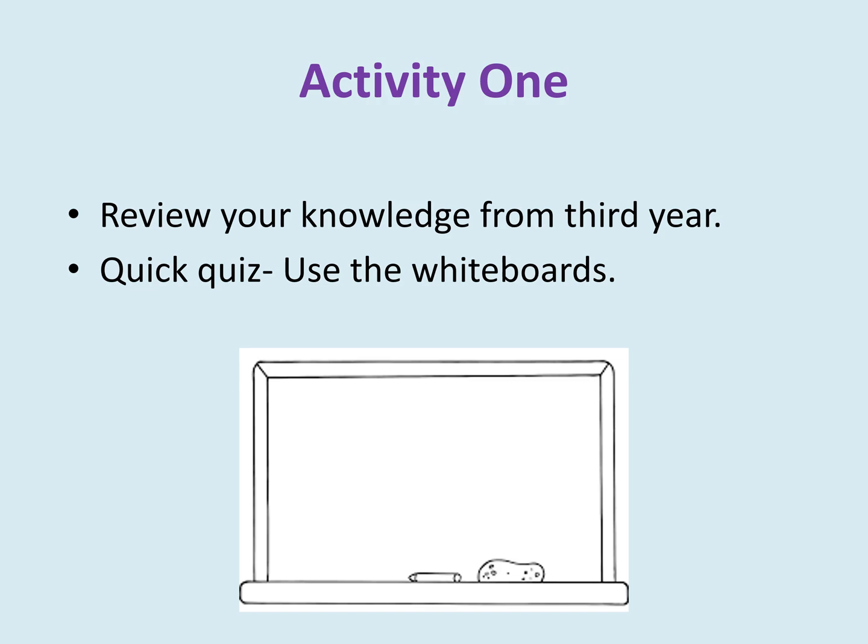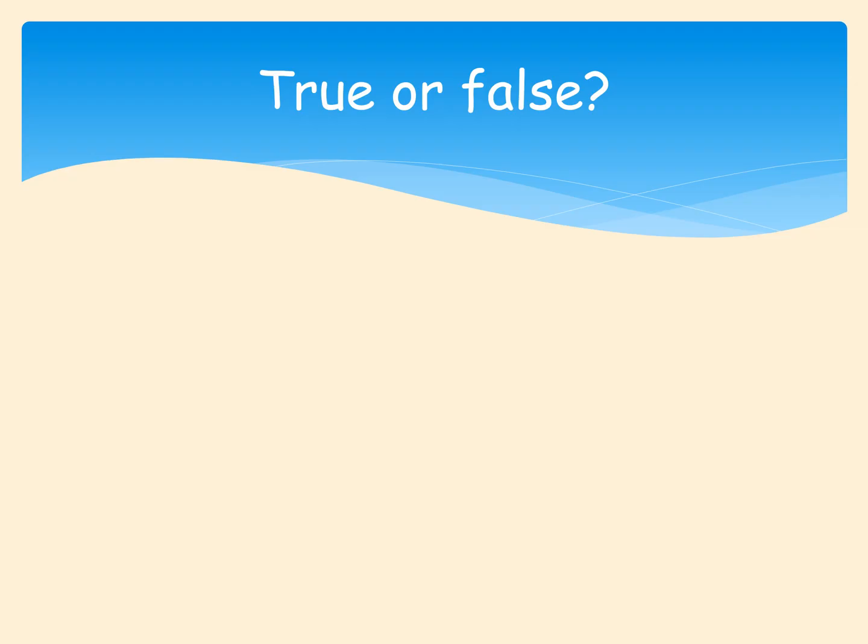What we would normally do is a little quiz that involves 7 questions, and that would tell us your previous knowledge from last year. This quiz is a true or false quiz, so you just need to try and figure out whether the answers are true or false.